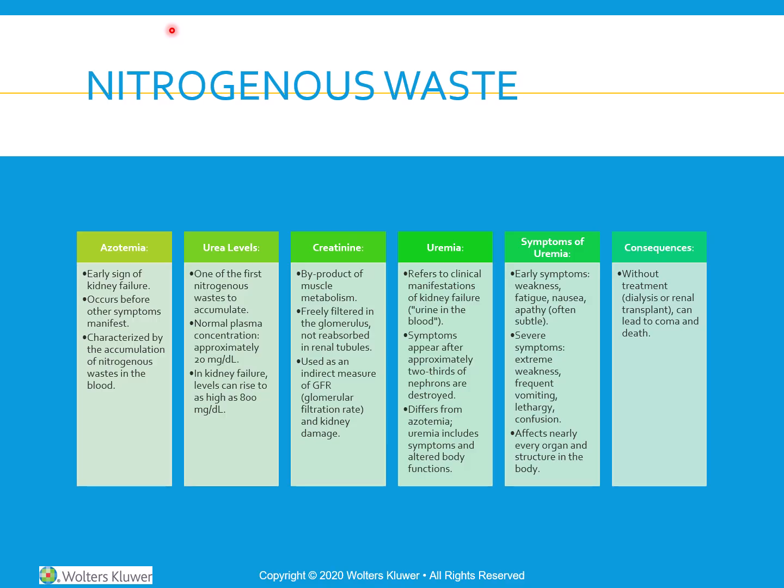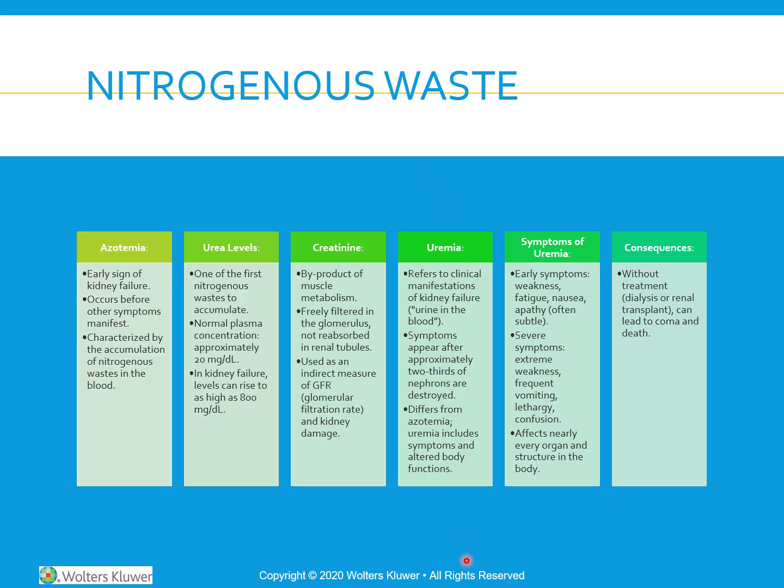So things like encephalopathy, peripheral neuropathy, pruritus. At this stage where we have uremia, virtually every organ and structure in the body is starting to be affected. It really refers to the clinical manifestations of kidney failure itself.